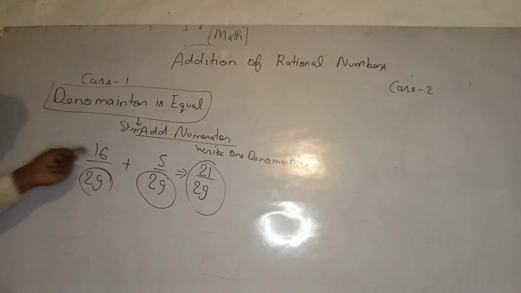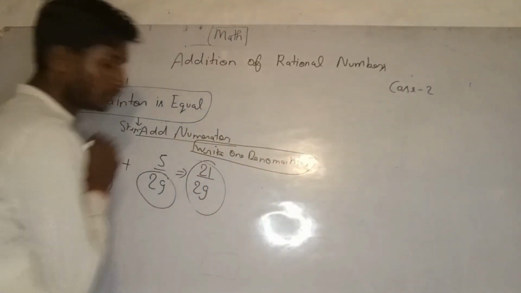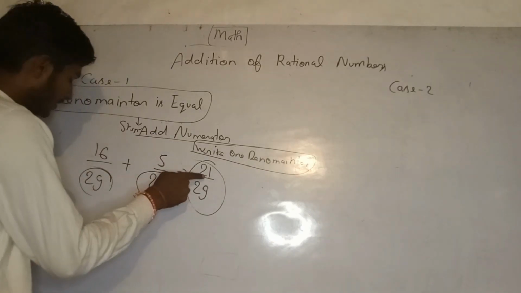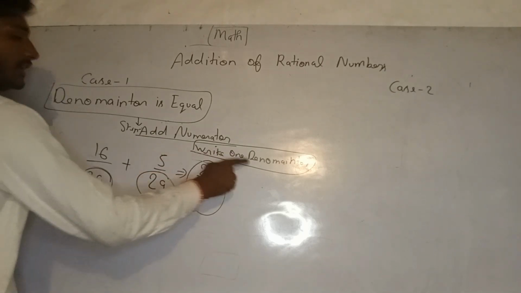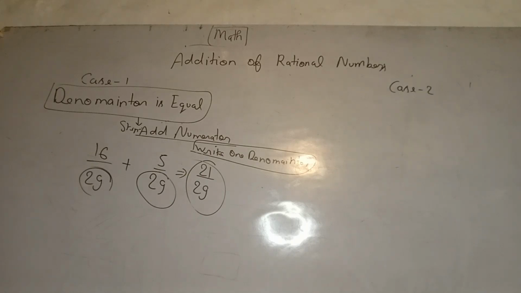We can only add the numerators and write one denominator. You should follow this step: first add the numerators, 16 plus 5, 21, and second write one denominator, 29. This is case 1, when the denominator is equal.